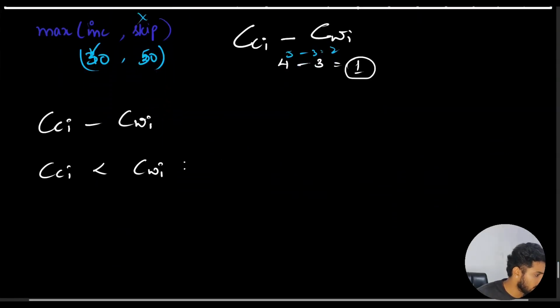Then copy the value of the current cell I minus 1.